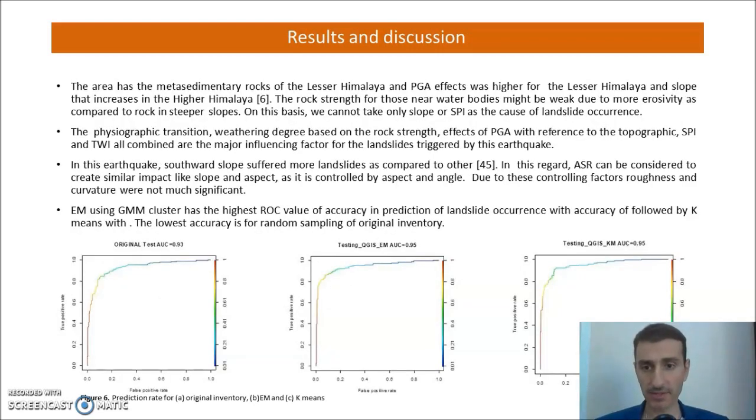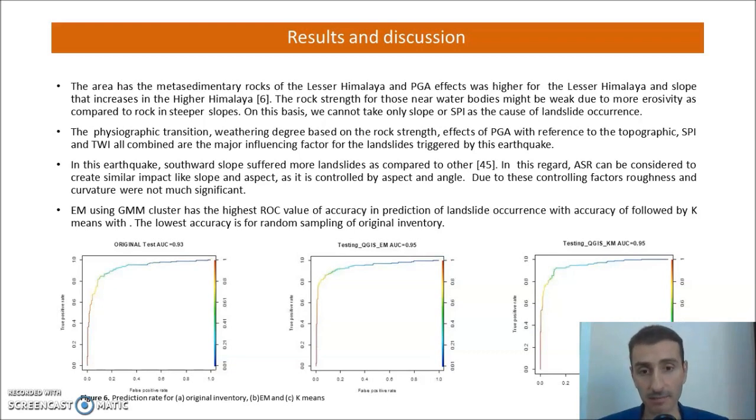So we could notice here, using the ROC curve results, there is not much difference actually between using the expectation maximization and the K-means. It is almost close to each other, but it shows definitely better than using the normal sampling style, while using the kappa index and the ANOVA and the variance and the stability.